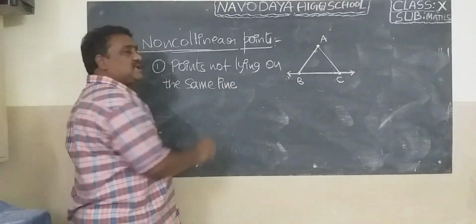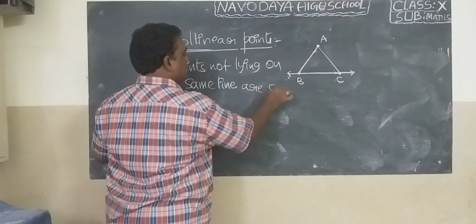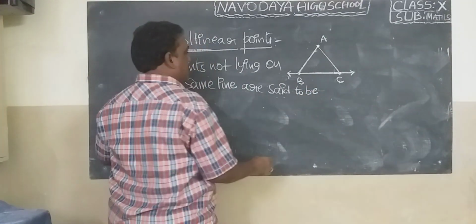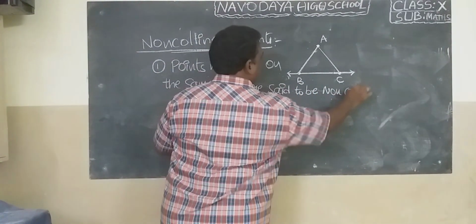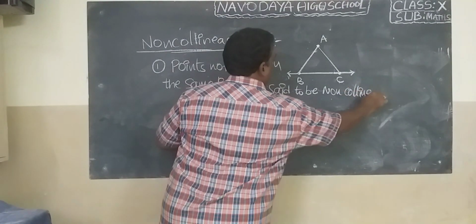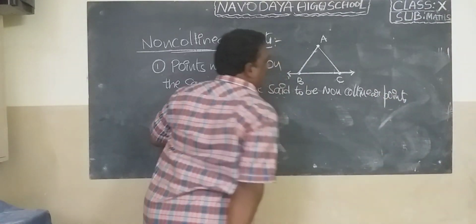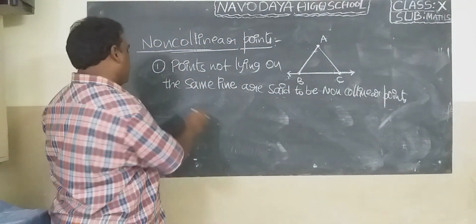Points not lying on the same line are said to be non-collinear points.